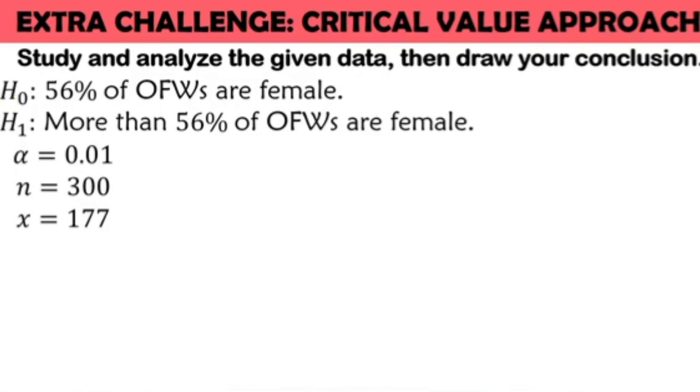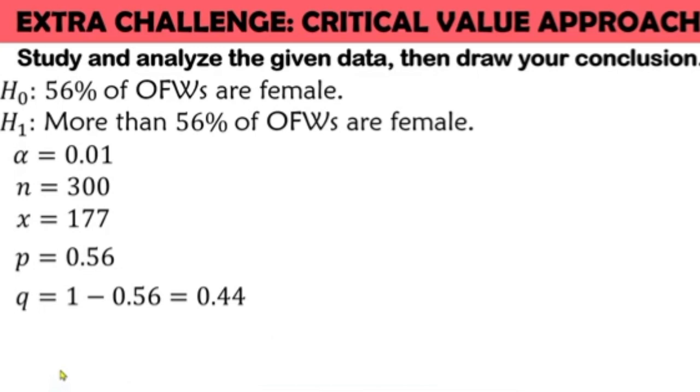We have here the null and alternative hypothesis, the level of significance, the sample size, and the number of successes. So we still need to compute for the z value. First, let us determine our p. Our hypothesis proportion is 56%, so p is equal to 0.56. Then let us solve for our q, and that will be 1 minus 0.56, and that is 0.44.